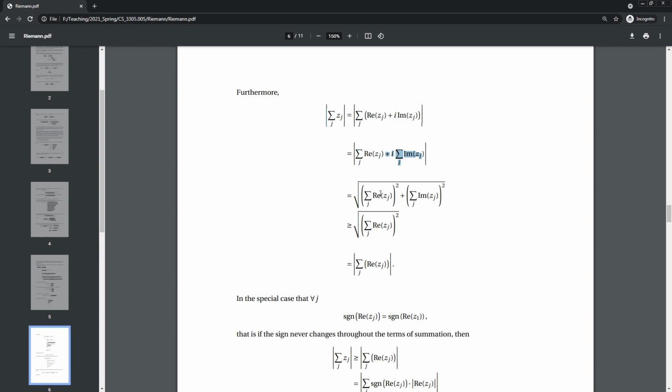So we square this, right? We square this, and so by that same statement that we just made, right, this is going to be larger than if we considered only the real part, and the real part simplifies to this. Right?